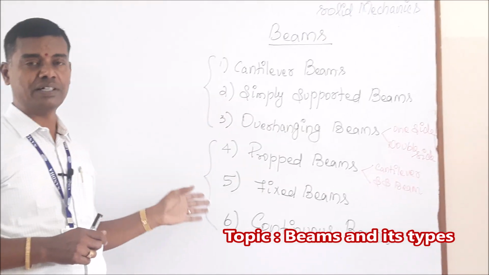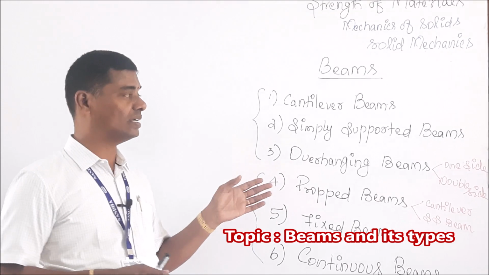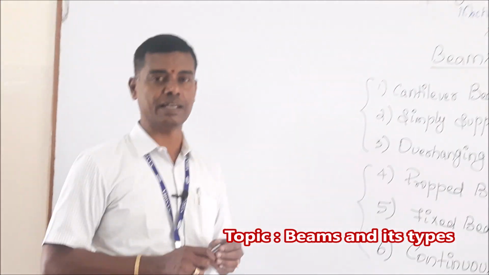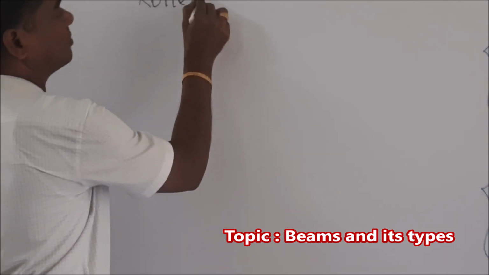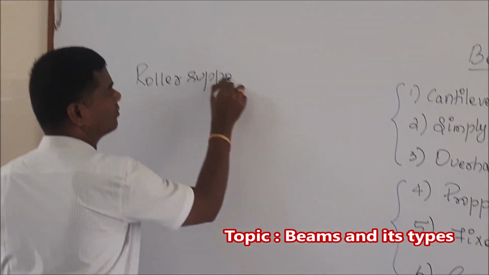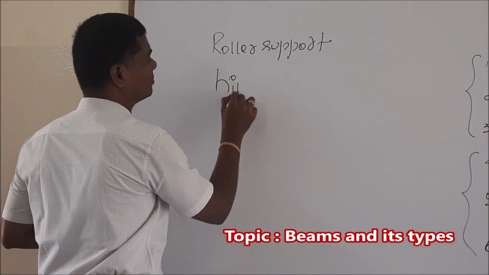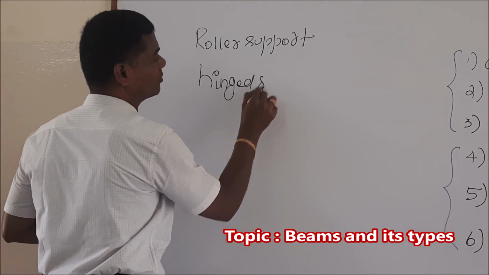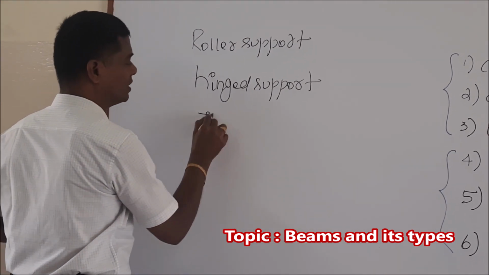These different types of beams are classified based upon the supports. Normally supports are classified into three types. One is called roller support, another one is called hinged support, and the third one is fixed support.